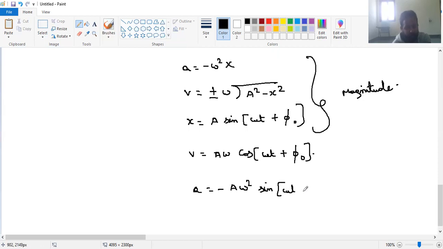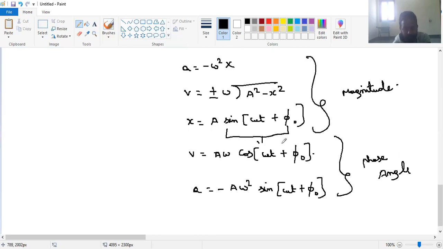These are the equations in terms of phase angle. And the most important thing is this sin omega t plus phi naught will give you the total phase. Total phase means where finally the particle rests.